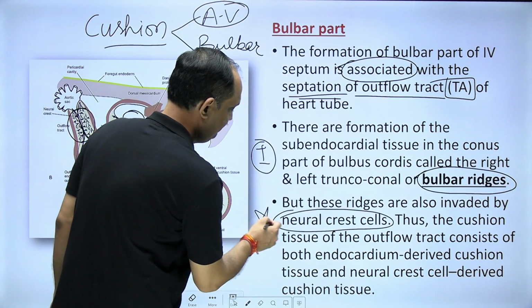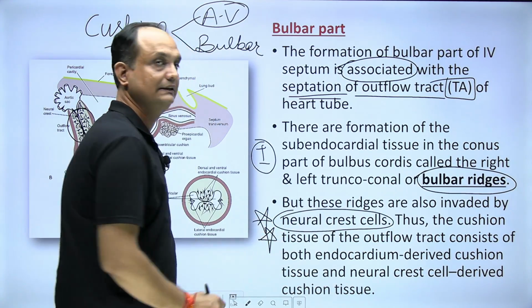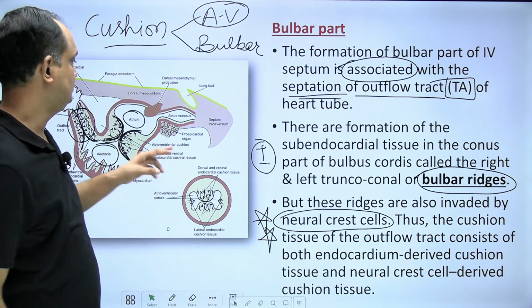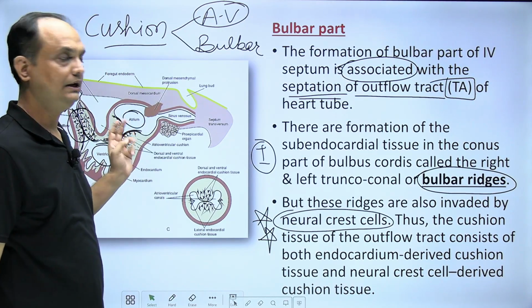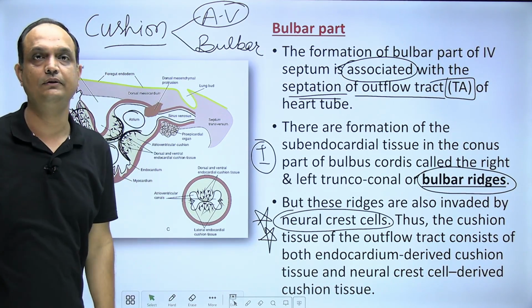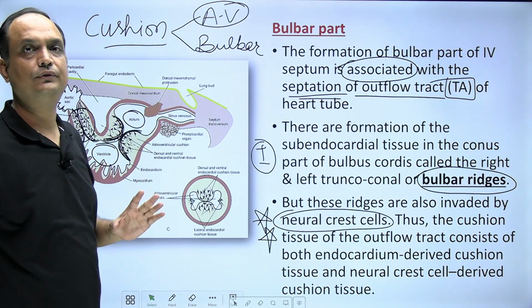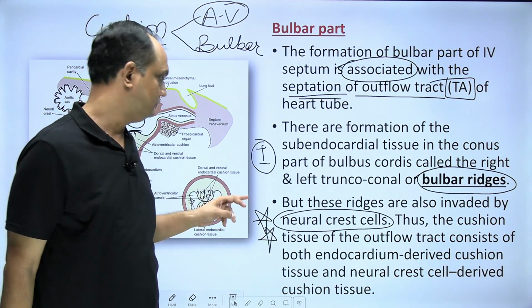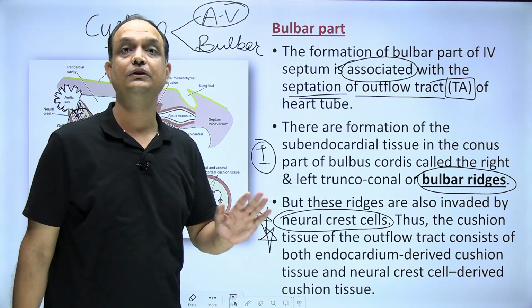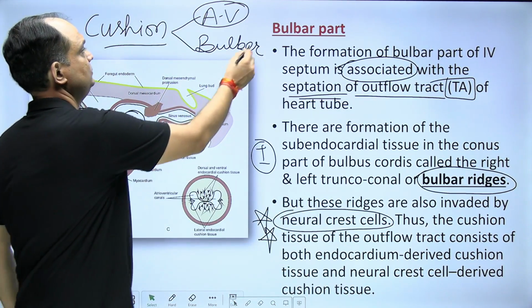Now this is a very important question for your exam: how are these cushions of the outflow tract different from the cushions of the AV canal? The only answer is the neural crest cells which invade these bulbar cushions.